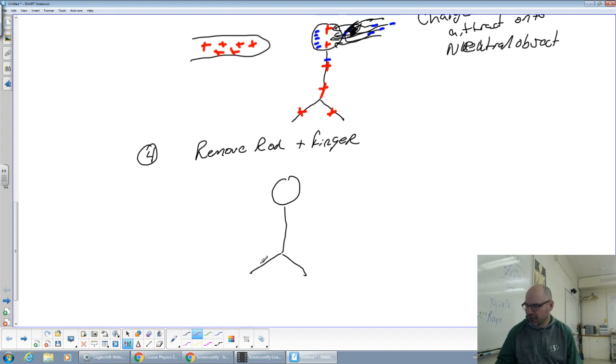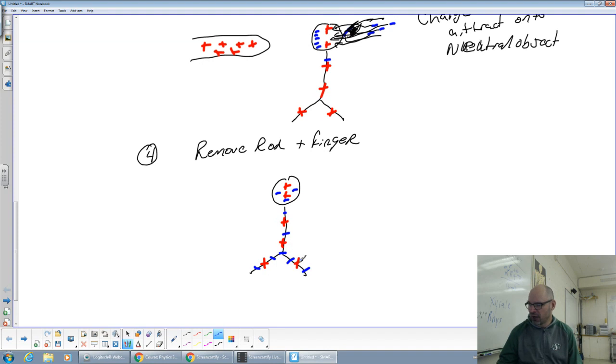So we're still going to have our positives where they are, one there, one there, one there, one there, one there, and one there. But then the negatives are going to be spaced out, and we're going to have the 6 negatives on plus these extra 4 that moved on. So we're going to have 10. So we're going to have 1, 2, 3, 4, 5, 6, 7, 8, maybe 9, 10.